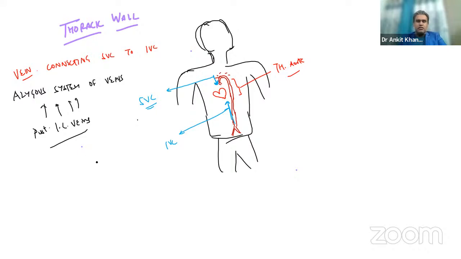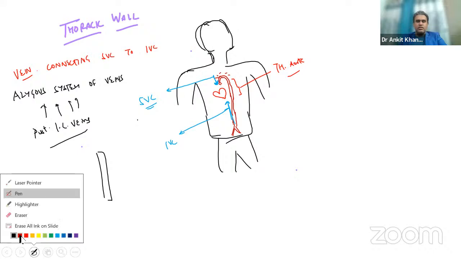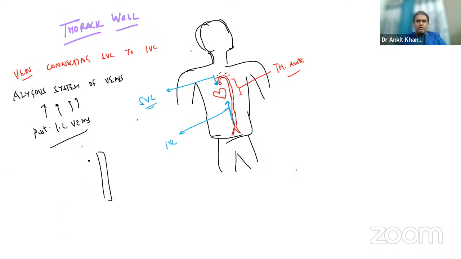Suppose this is the vertebral column, the thoracic vertebral column. The azygos vein will be on the right side, connecting the SVC to the IVC. That is a very, very important thing to remember. I'm not going into the small factual information, but understand this. First of all, the azygos vein is towards the right side of the midline. It is unpaired. It is single.